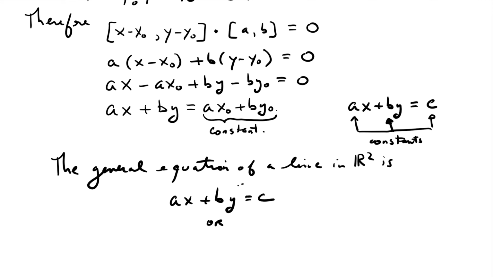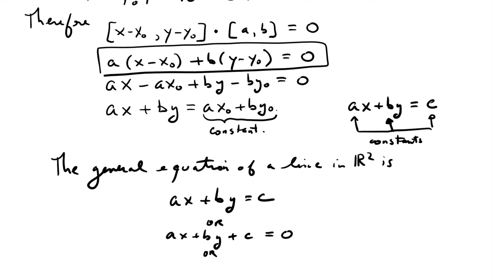So I could also have the constant brought to the left hand side, and that's still the equation of a line. Or we could also use this format here. So sometimes it will be written in this form. That's sort of called a point normal form for the line. Okay, so those are three ways to write down the equation of a line.